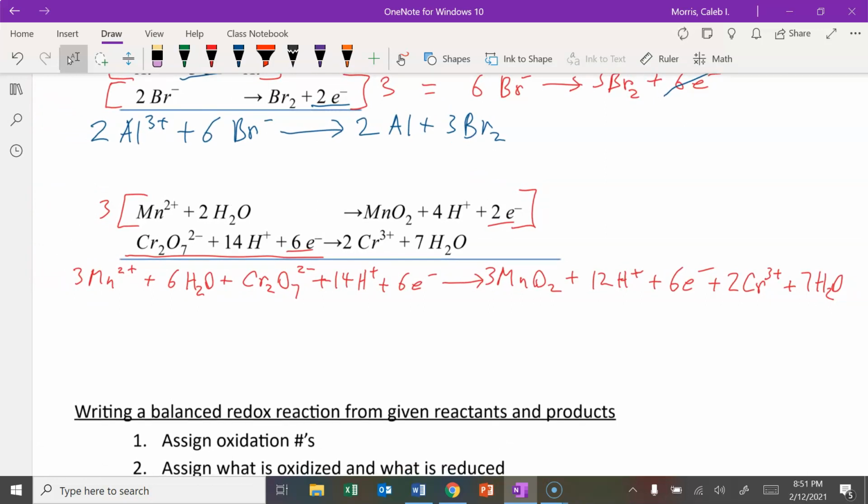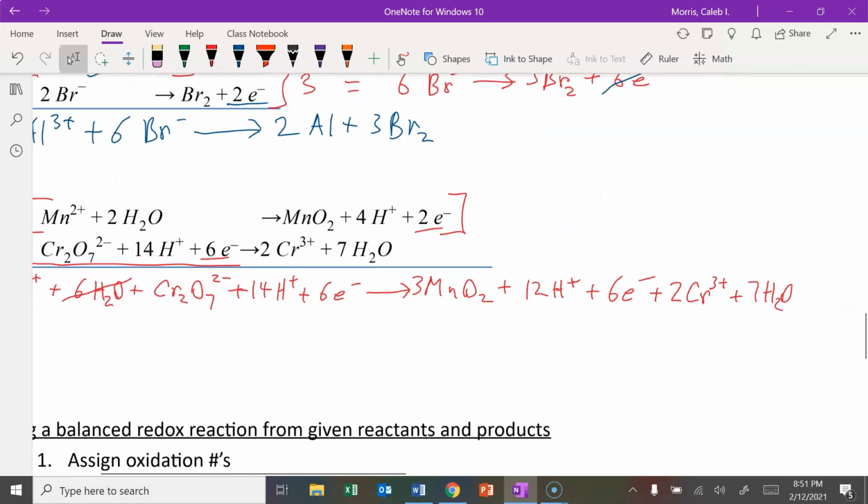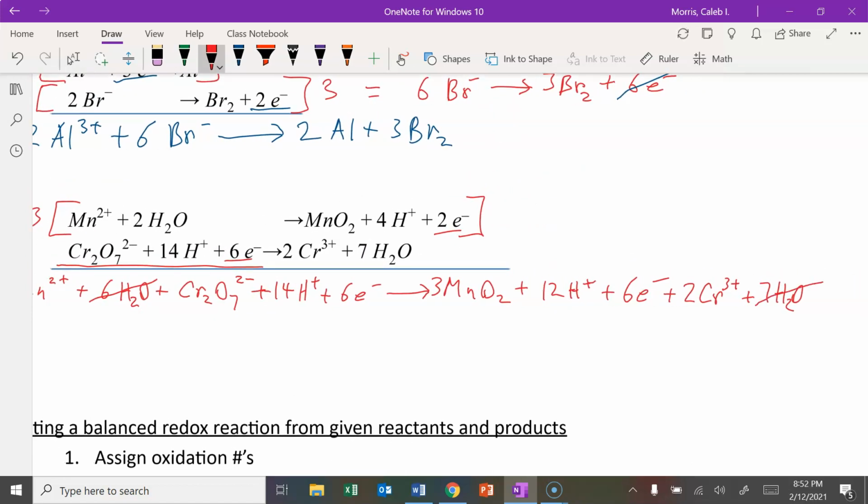So I see Mn2+ is the first thing I see on the left. I don't see Mn2+ on the right in any form that's identical, so I can't cancel that out. I see H2O on the left. I do not see H2O. Oh, I do. I see H2O on the right. I've got 6 H2O on the left, and I've got 7 H2O on the right, which means if I canceled out 6 of those, I've got 1 left. I've got 1 H2O left on the right.